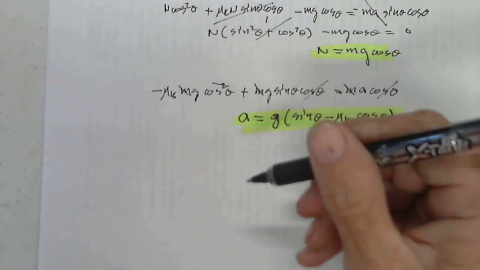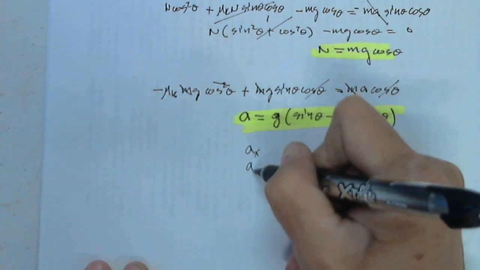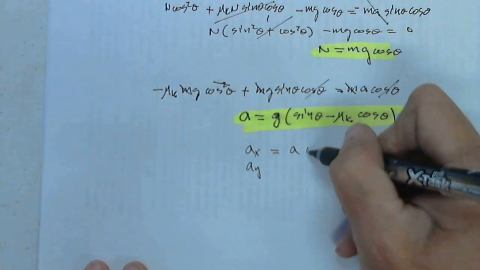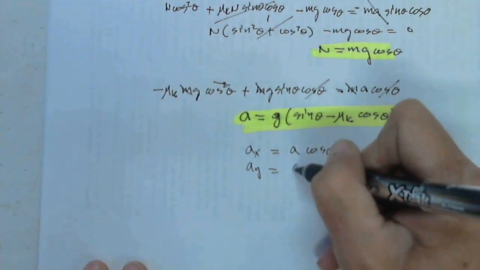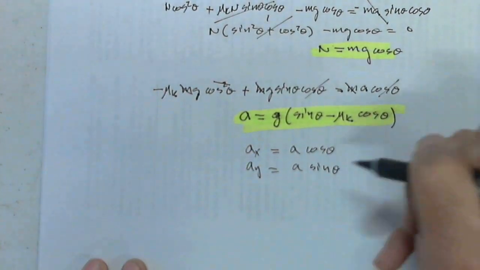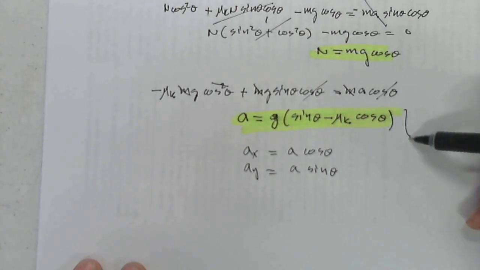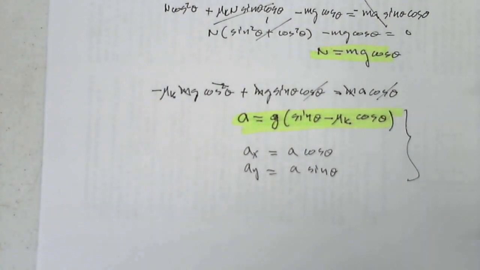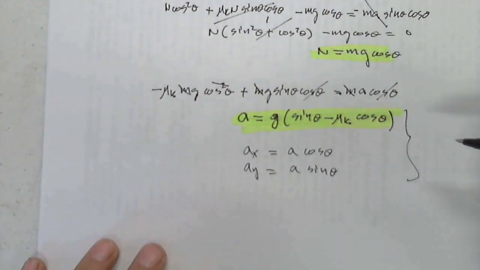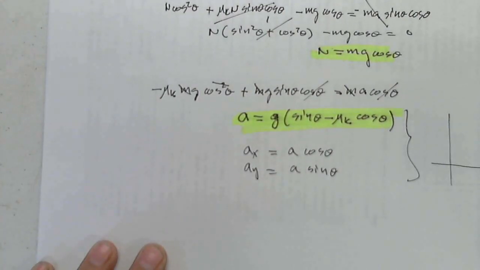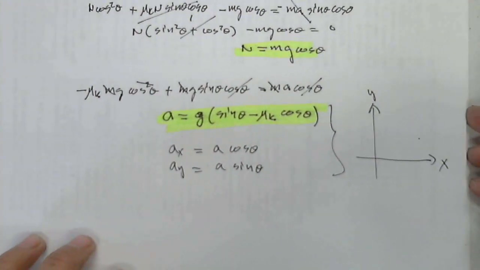Now, if you want to go back to ax and ay, it's just a cosine of the angle and a sine of the angle. And this is probably what you will use if doing a simulation with the axis like this.